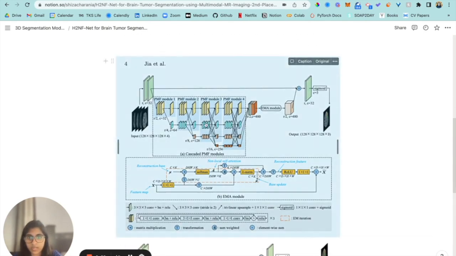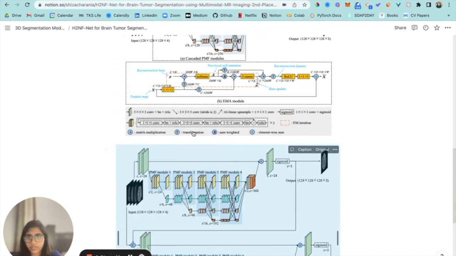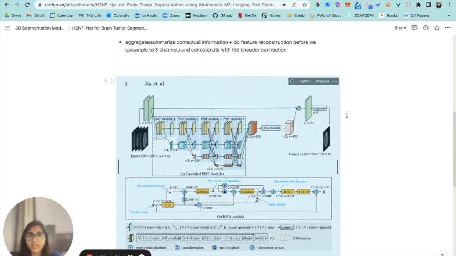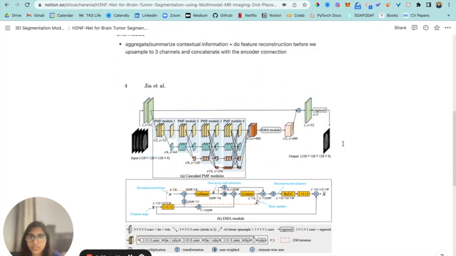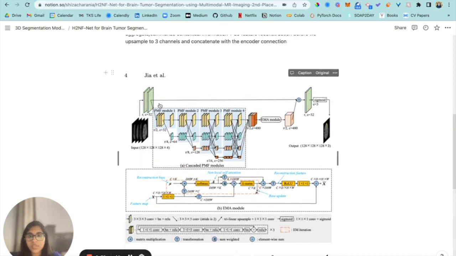This is the single one. And then this is the one where you add it twice, but we won't go too deep into that. Anyways, for this first one that we look at, you start off with that same input of the 4 modalities, which again is T1, T1CE, T2, and FLAIR.